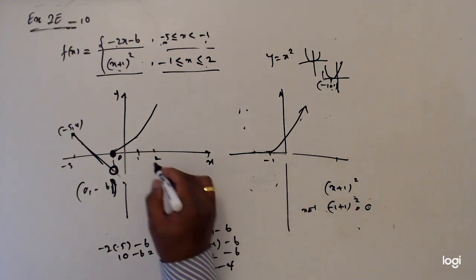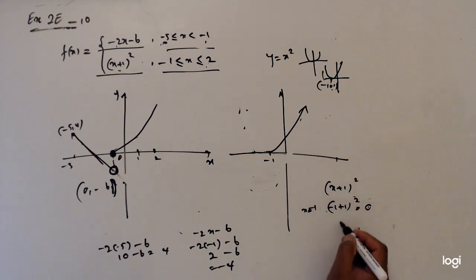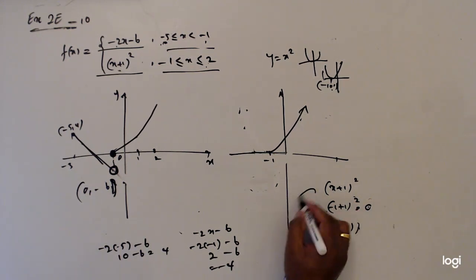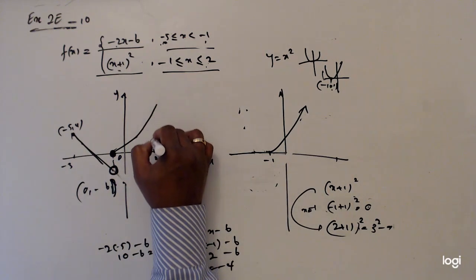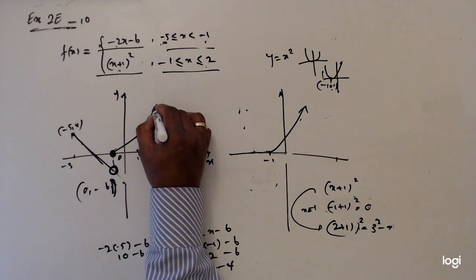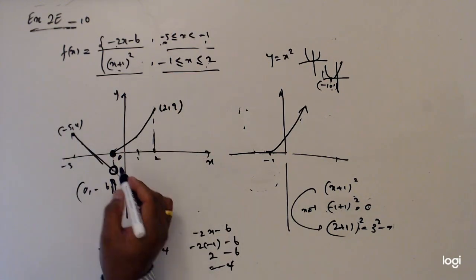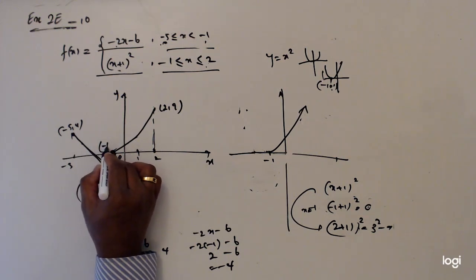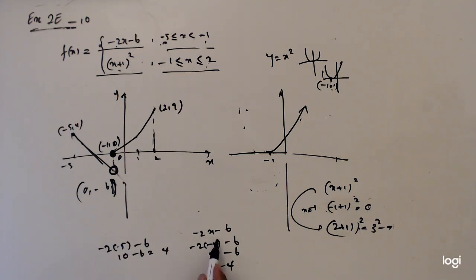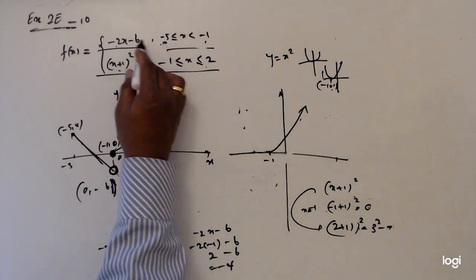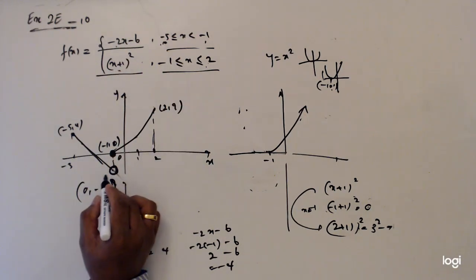When the last boundary is 2, x equal to 2, 2 plus 1 squared, that is 3 squared, 9. So the last point is 2, 9, and minus 5, 4. This is going to be minus 1, 0, and we found that when x value is minus 1, this is minus 4, 0.